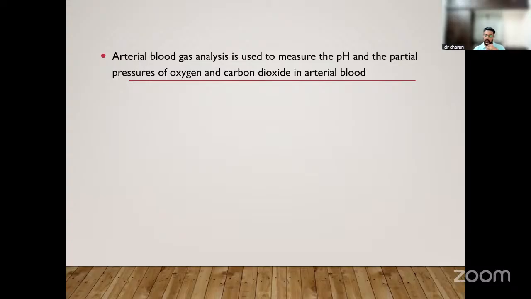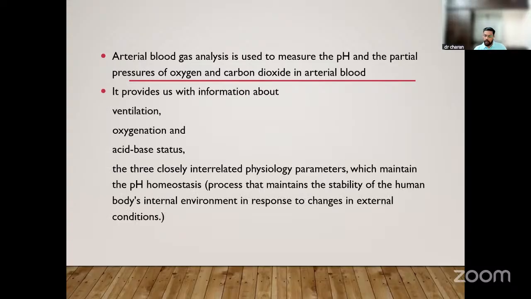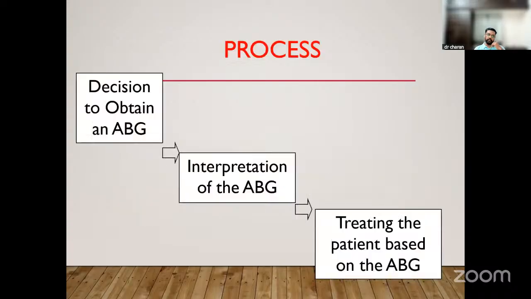So this is basically your arterial blood gas analysis. It provides us information about ventilation, oxygenation, and acid-base status. All these three are very closely interrelated physiological parameters which, as I told you, are essential for maintenance of pH homeostasis. So all this information you can get from an arterial blood gas.